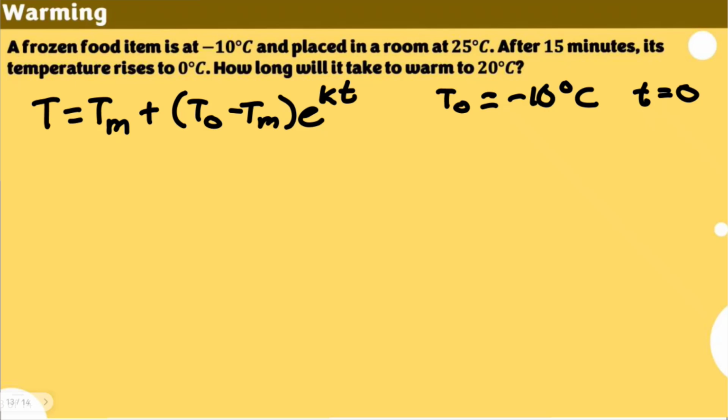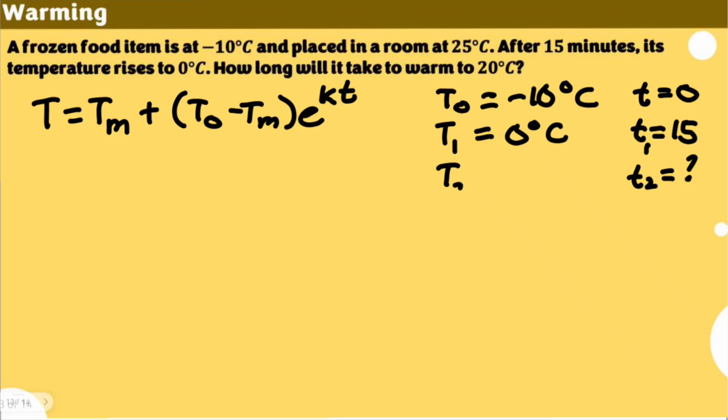After 15 minutes, the temperature rises to, let's call it T sub 1, 0 degrees Celsius. And then we are asked how long will it take, T sub 2, for the same object to be warmed until 20 degrees Celsius.